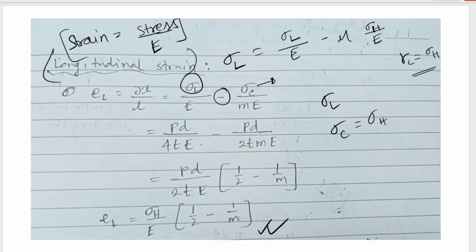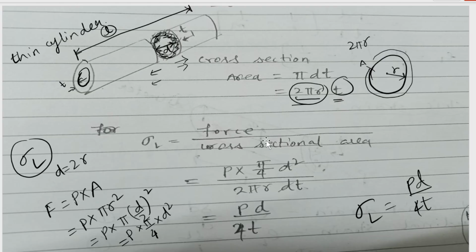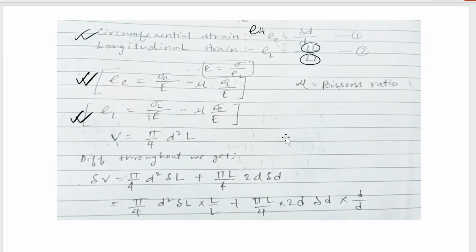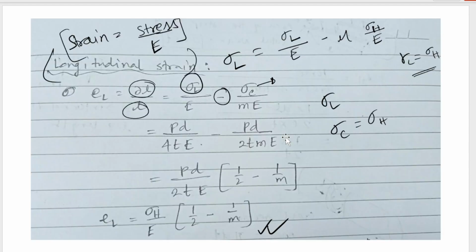This is of course the change in length divided by the original length, because the longitudinal strain will bring changes into the length, as we have seen earlier. As the length increases, of course the diameter will decrease, because we are not adding any material from outside. We externally were not adding any material, so we have to subtract it like this. Let me make it more clear to you.